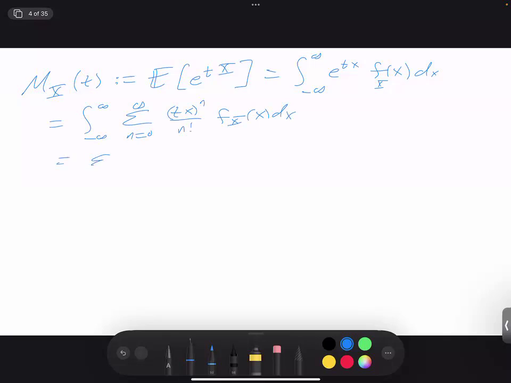Well, this is the same as the integral from minus infinity to infinity of the sum, n goes from 0 to infinity, of t to the n times x to the n over n factorial times the density dx. I'm just rewriting things a little bit. What should we do now? I'm sorry? Yeah, flip the order of the sum and the integral. Are we allowed to do that?